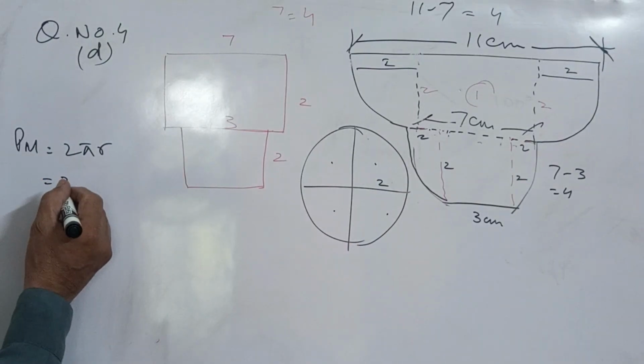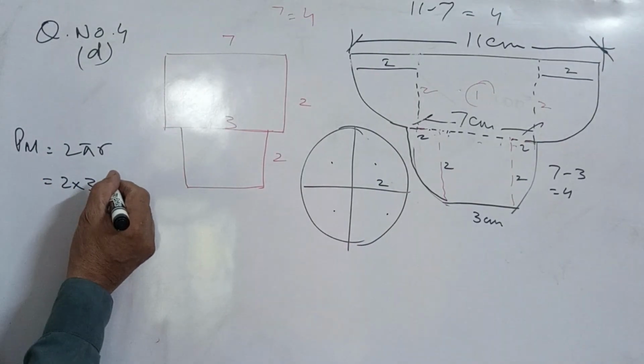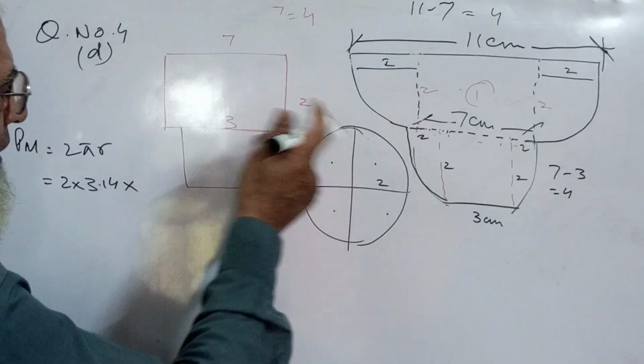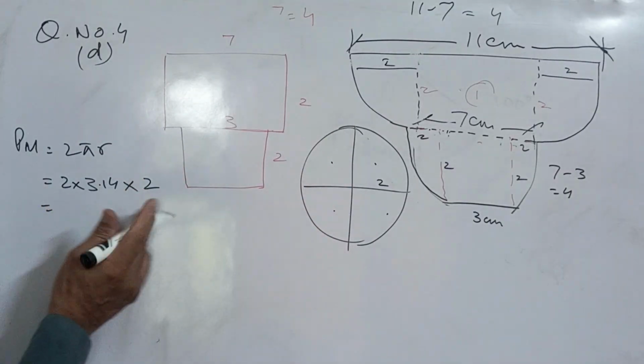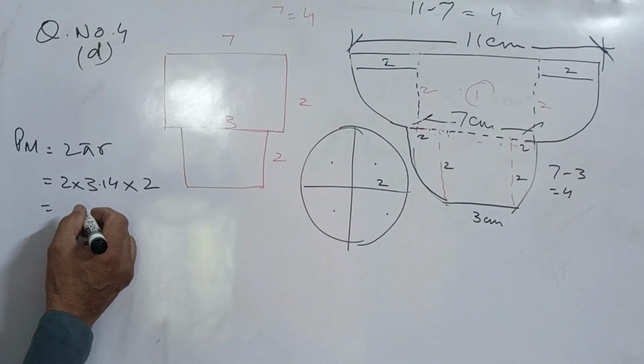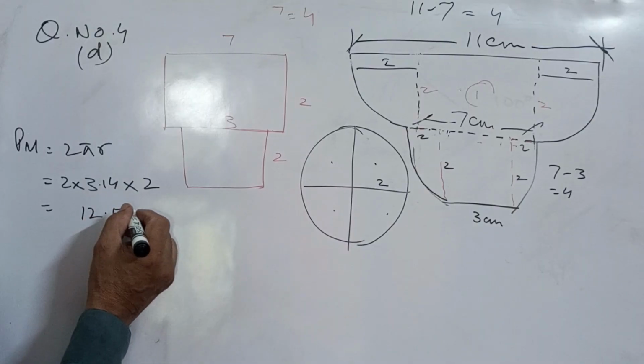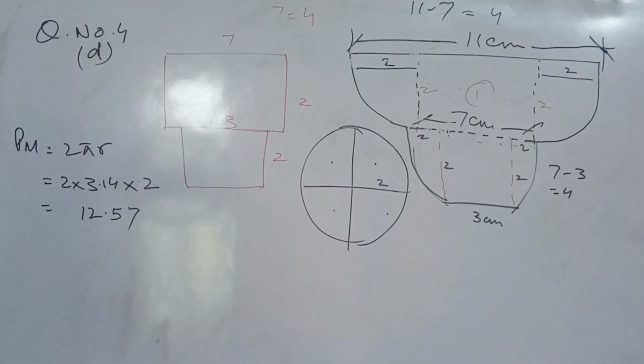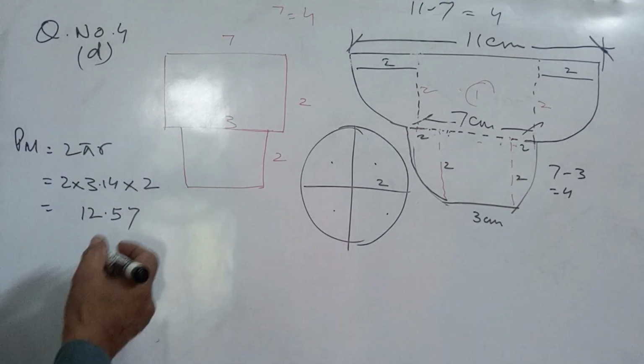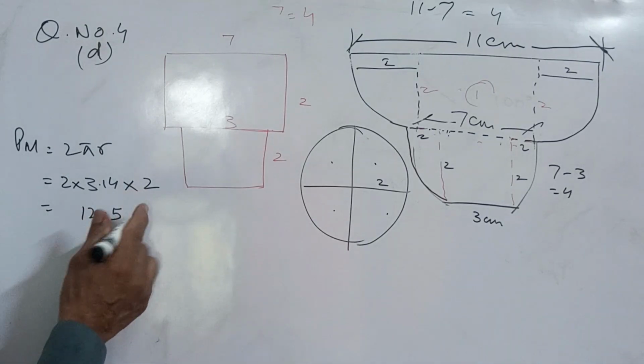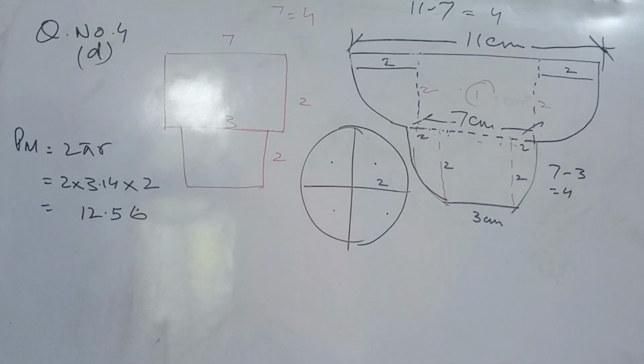Now it will become 2 into pi into r. r is 2. So it will become 12.56 centimeter.